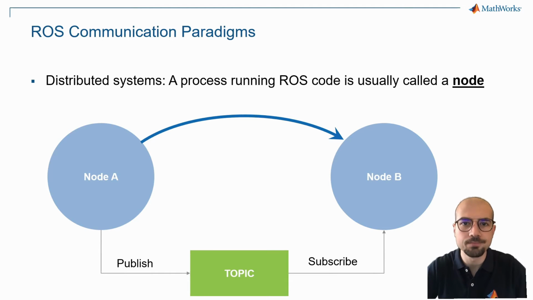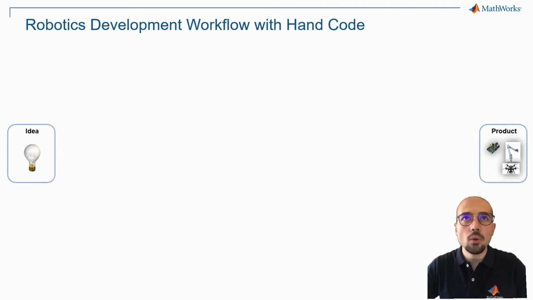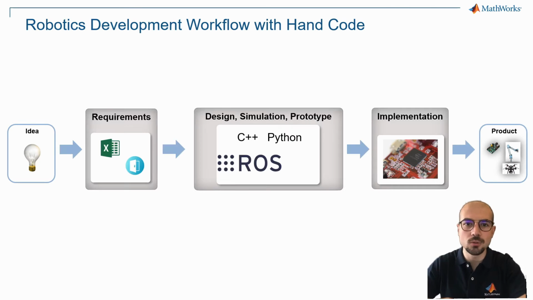Perfect. What is the workflow from the idea to the production? Usually, we have to build the requirements, so formalize what the idea is, then design something, write the code in C++ or Python for ROS, then implement it onto the hardware and then put it in production.